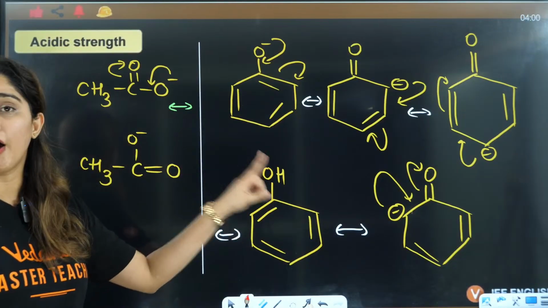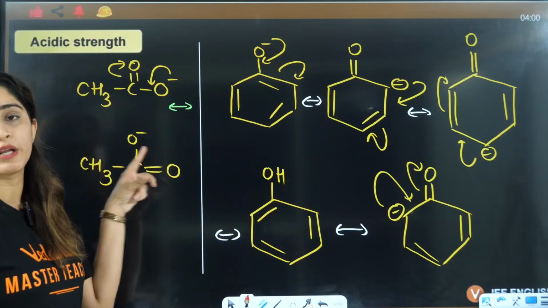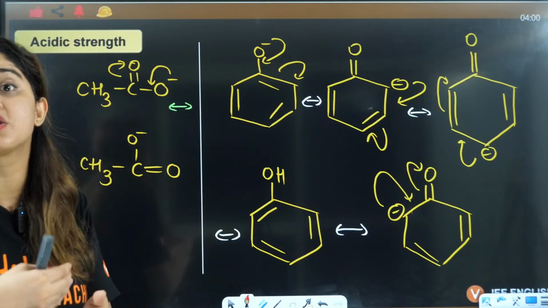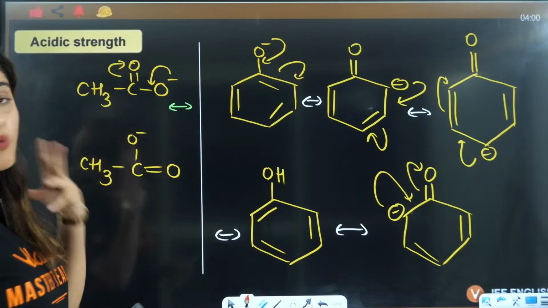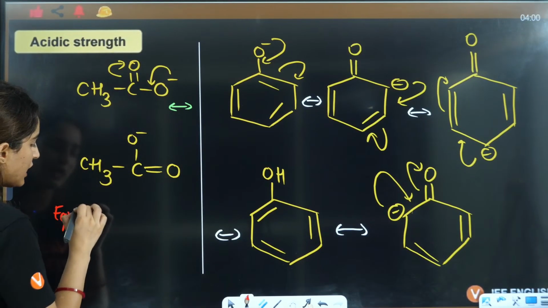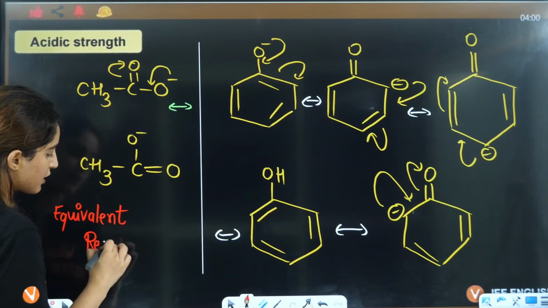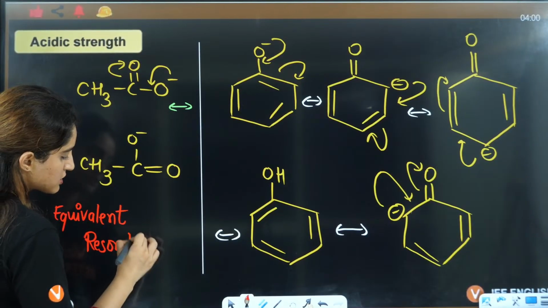Why, even after having 5 resonating structures, is the one with 2 resonating structures more stable? Why is this ion more stable? The reason is it is giving rise to equivalent resonating structures.